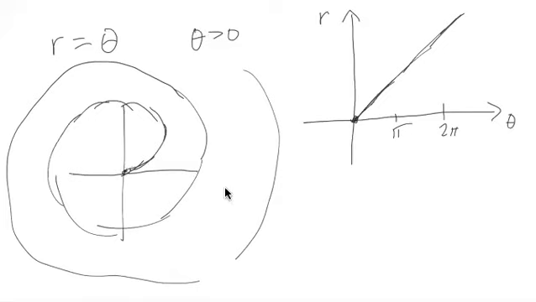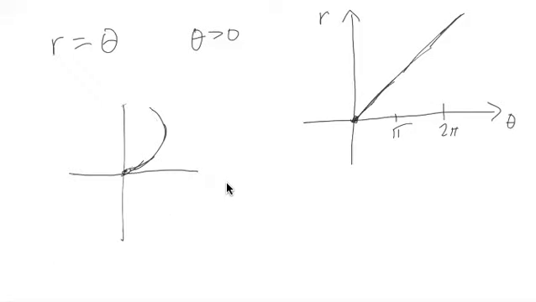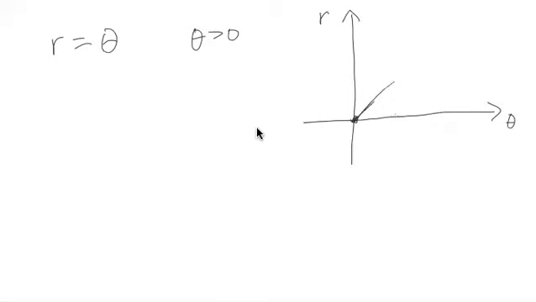Let's consider what it would look like when theta is less than 0. What happens when theta is less than 0? All right, so we're down here, right?